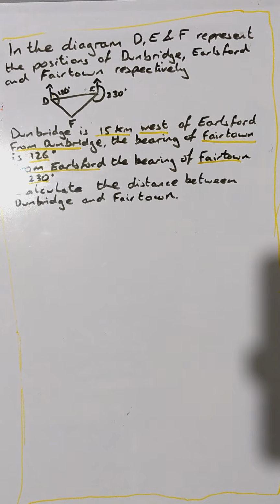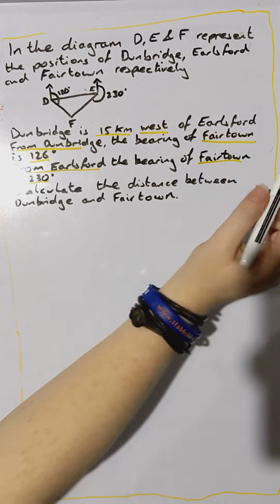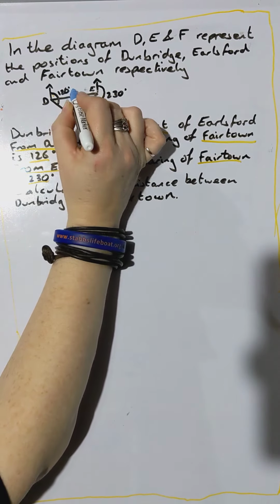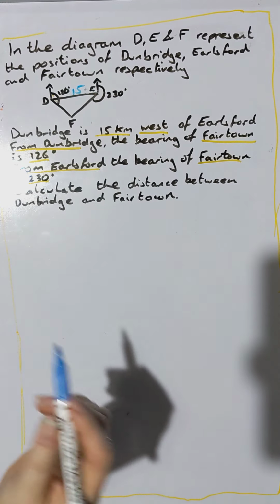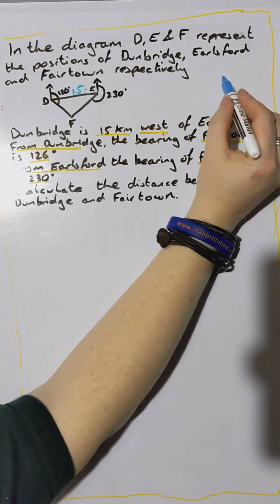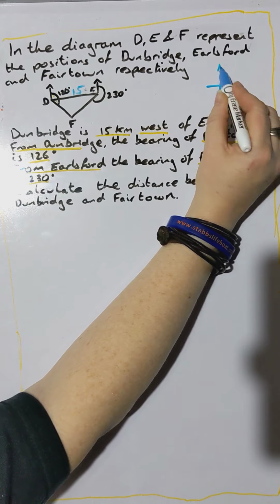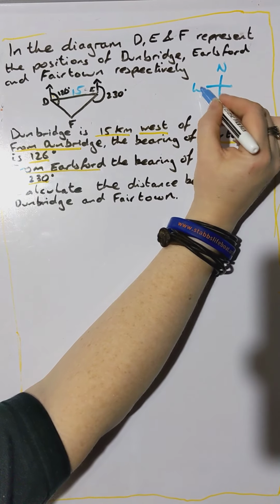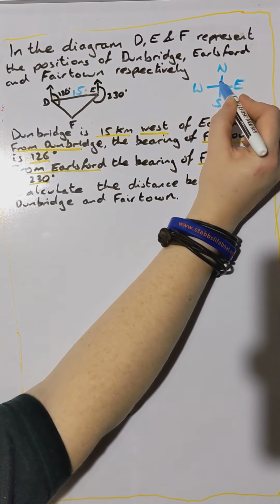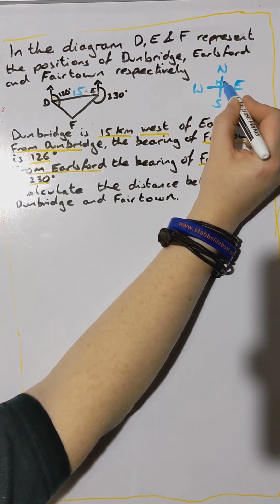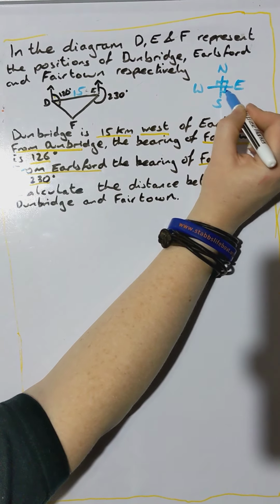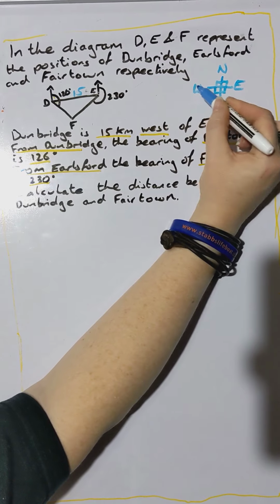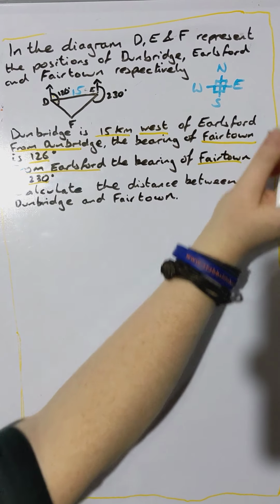So we're told that Dunbridge is 15 kilometres west. That's 15. West, if you remember, north, south, west and east, these are always 90-degree angles. So if it's west, it's heading to the left from Earlsford.